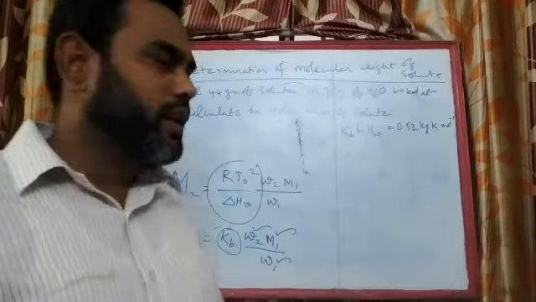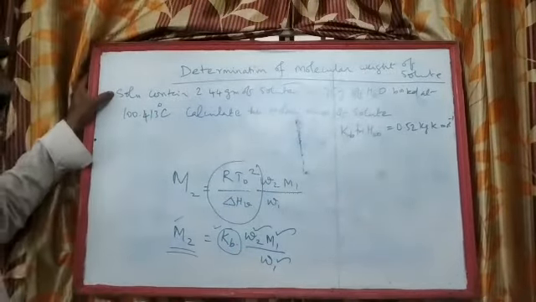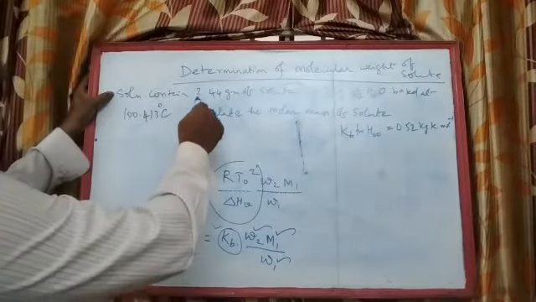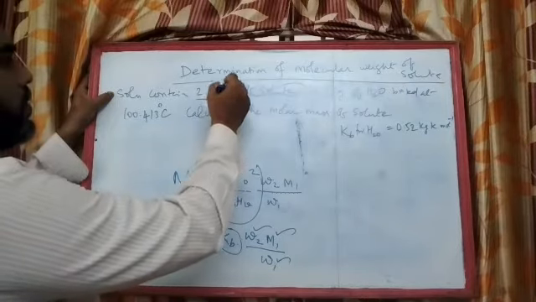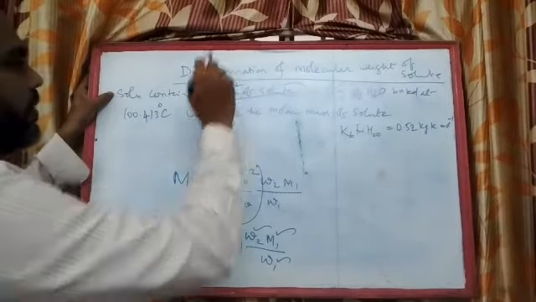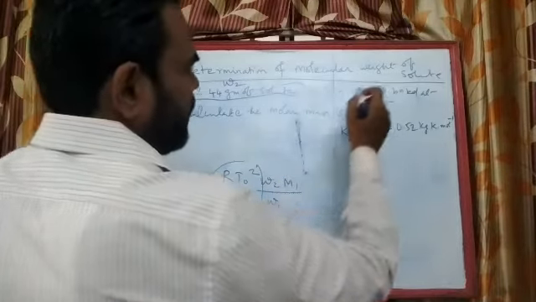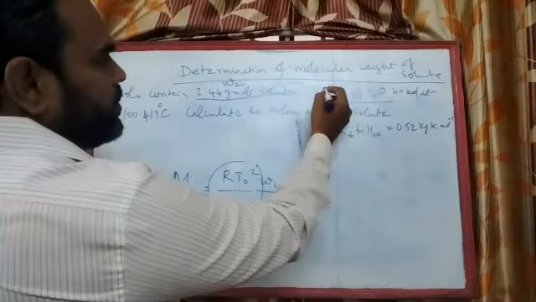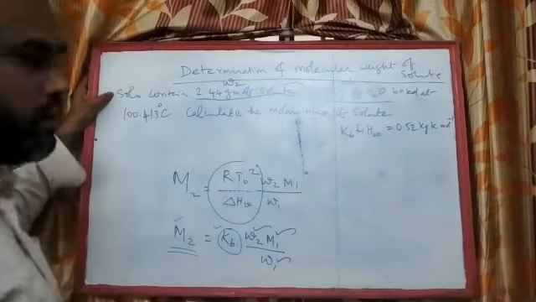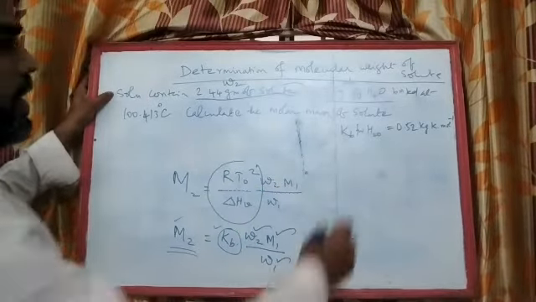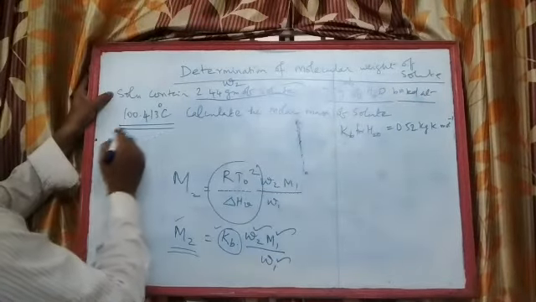I have written a problem on the board. Look at this. A solution containing 2.44 gram of solute, that is W2, in 75 gram of solvent, that is W1, boils at 100.413 degrees centigrade.